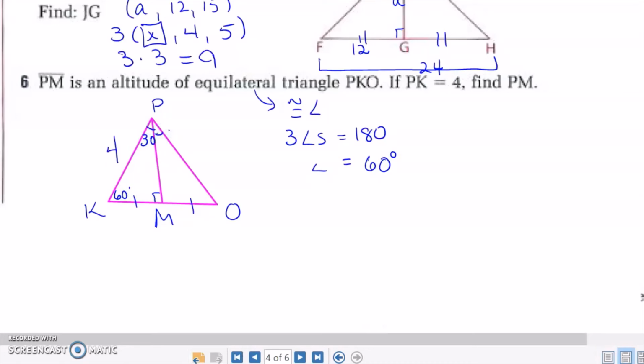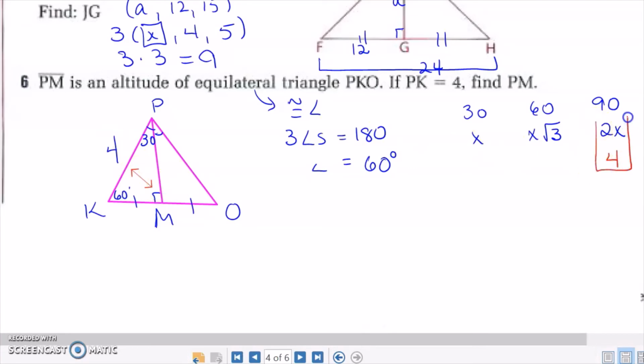So that angle up there is going to be bisected. So now we have a 30, 60, 90, and the sides are in the ratio always of x, x root 3, and 2x. So the side across from the right angle is 4.